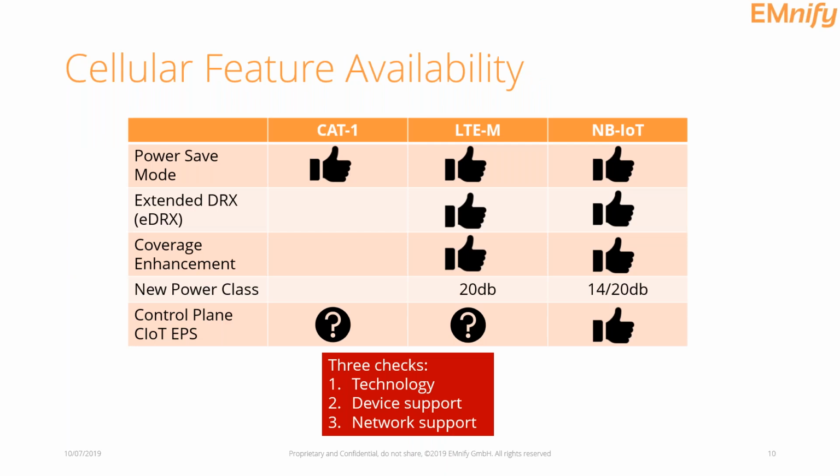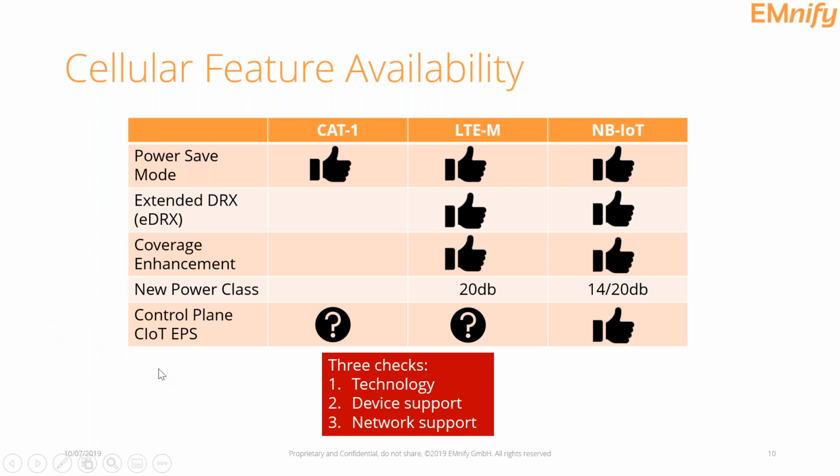Now, the cellular feature availability that I was just presenting is available based on different technologies. LTE Cat 1, which is very standard deployed right now, already supports this power save mode, as well as LTE-M and narrowband IoT. So you see here in the table which features are available on which technology.